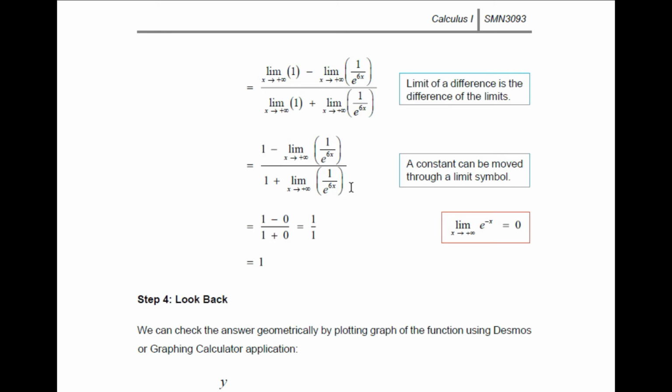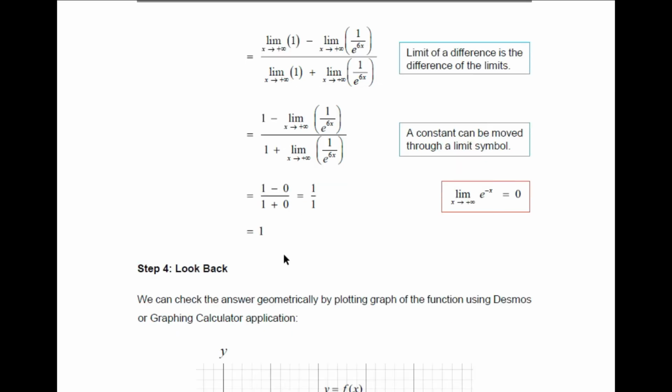So, we move the constant through a limit symbol and we can get 1 minus limit as x approaches positive infinity of 1 over e power of 6x over 1 plus limit of 1 over e power of 6x as x approaches positive infinity. And we got the final answer is equal to 1.